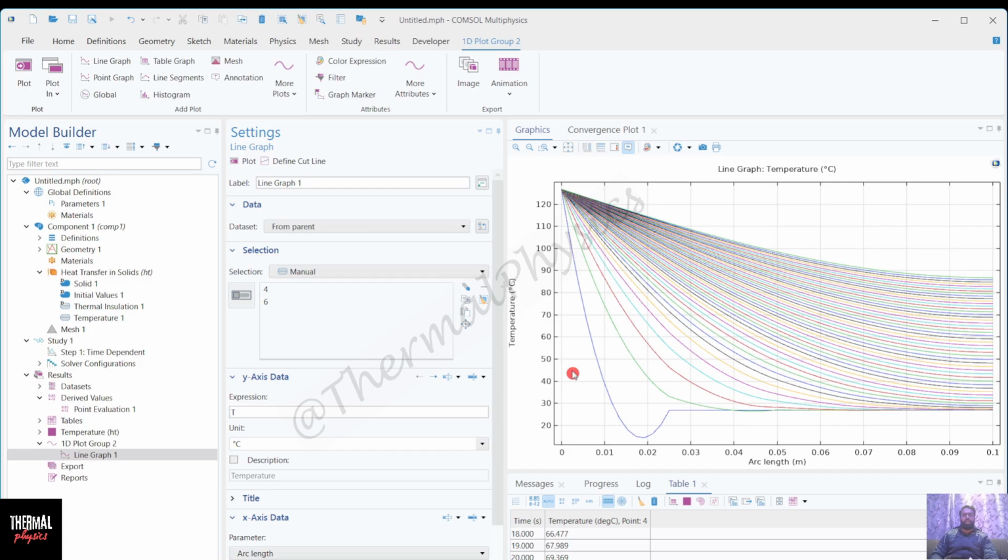If we take this one curve, this is the variation of the temperature from the left end to the right end. It decreases from 127 degrees Celsius to around 27 degrees Celsius, which is the initial value. And these trends are for separate times: after 2 seconds, 3 seconds, 4 seconds, how temperature varies along the thickness. That is all for today's video.